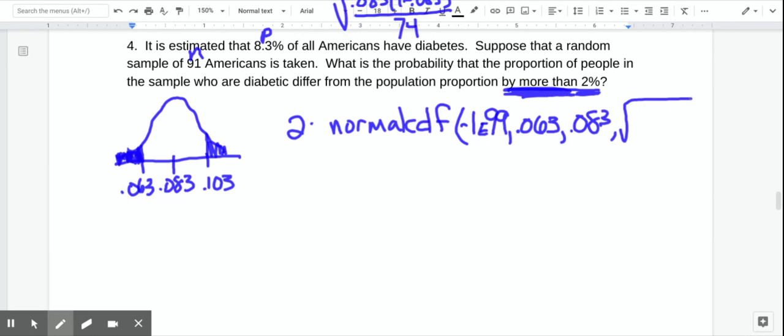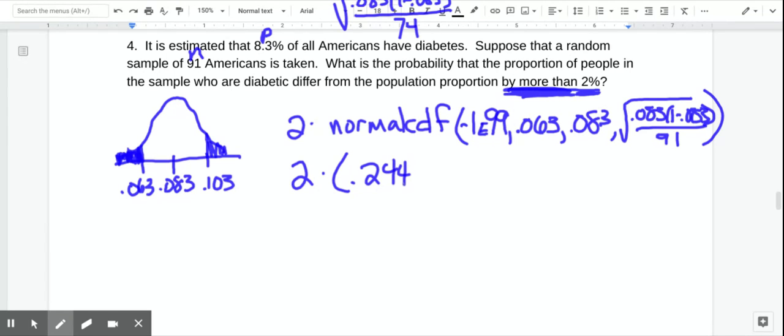And sigma is the square root of 0.083 times 1 minus 0.083, all over 91. And when we put that in, the calculator tells us 0.2446. And then we're going to double it. If you already doubled it, then you don't have to do that, but we'll double it and we get 0.4892. So that is the central limit theorem with proportions, just a few adjustments, particularly to that sigma, and we can use this for both means and proportions.